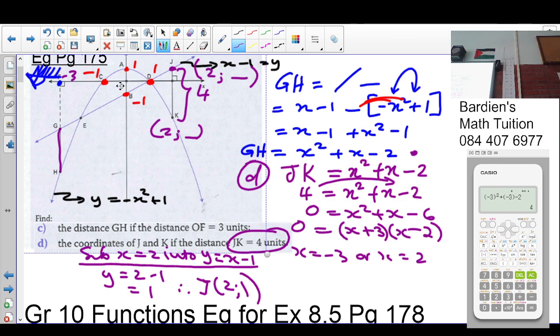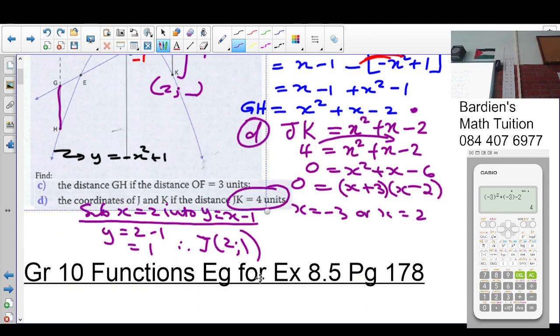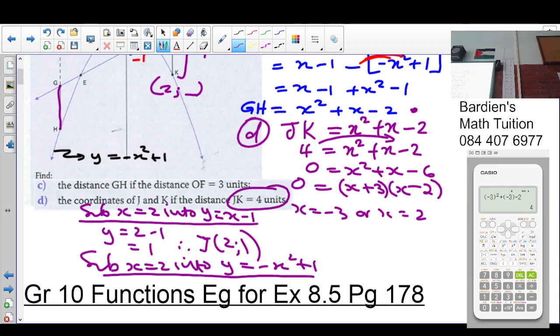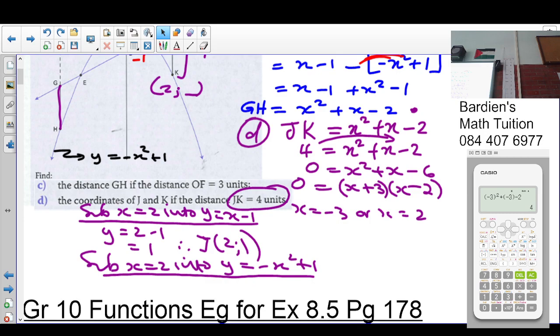On the other end, what do we do? We substitute x equal to 2 into y is equal to minus x squared plus 1, which is the parabola. So we now say y is equal to negative 2 squared plus 1, which is negative 3.